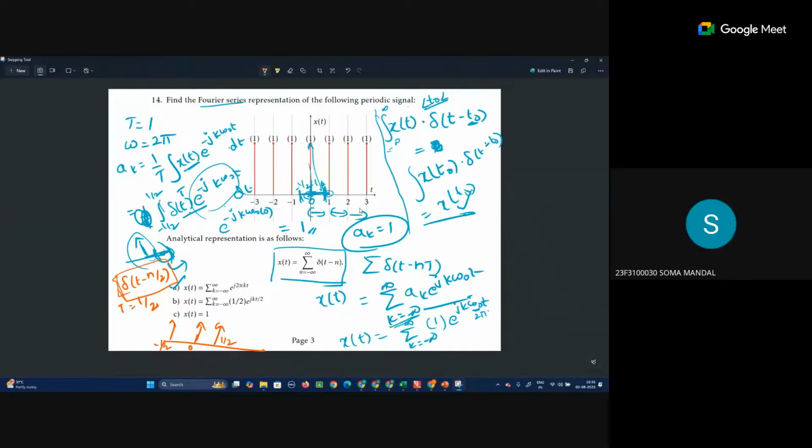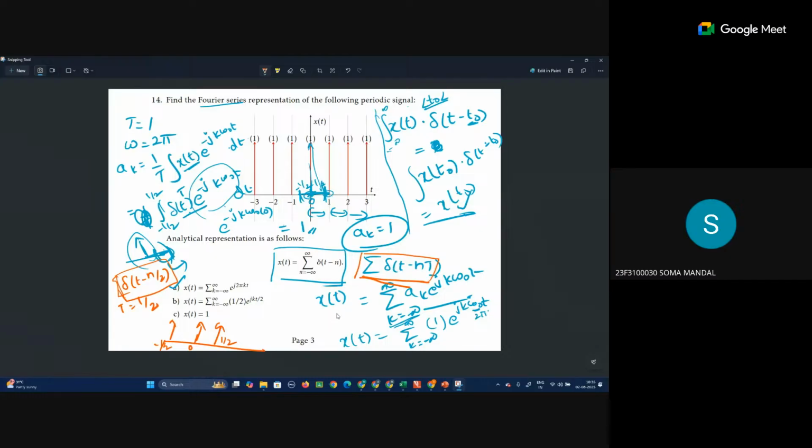The problem is delta t minus n by 2. Yeah, I got it. Then it should be from half only now; for the impulse train, it will be like this. Yes, ma'am, t equal to half.